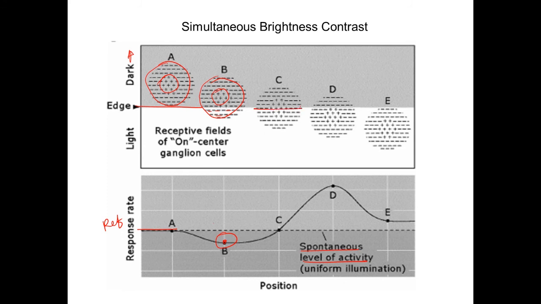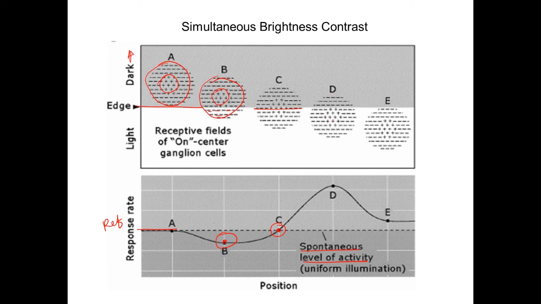And here, equal numbers of positive and negative ganglion cells fall under both light and dark, so that gets cancelled, and it is back to the reference position.